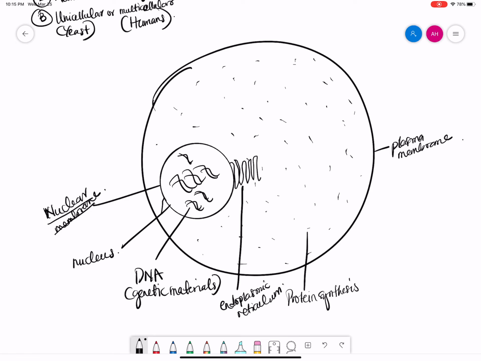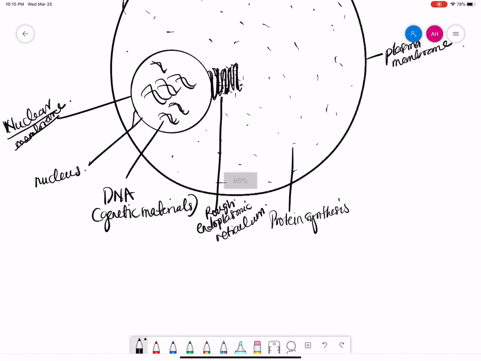The endoplasmic reticulum is a network found within the cell that has multiple functions. Sometimes you may have an endoplasmic reticulum that comes studded with ribosomes. That's called a rough endoplasmic reticulum. And the function of the rough endoplasmic reticulum is protein synthesis, just like the ribosomes.